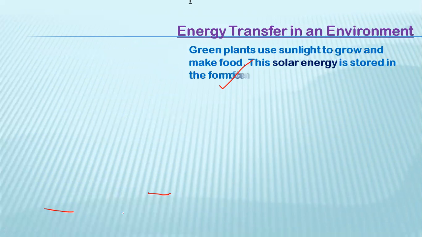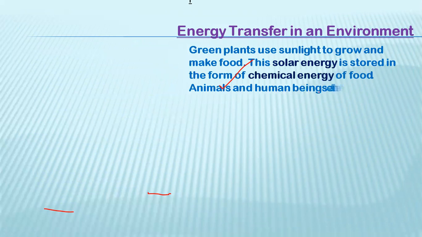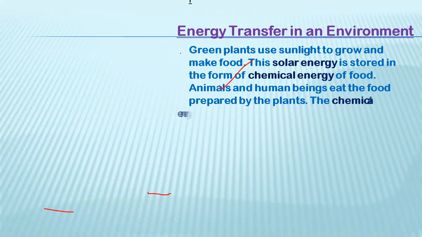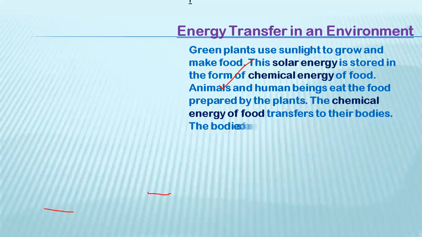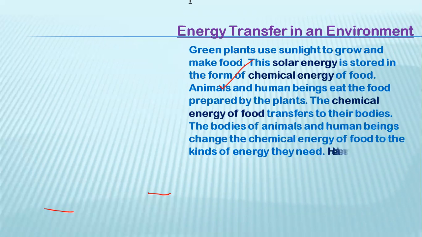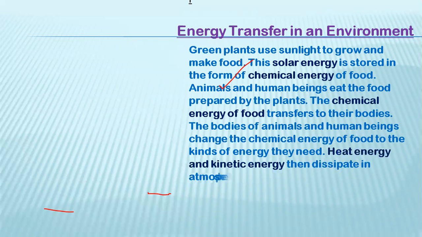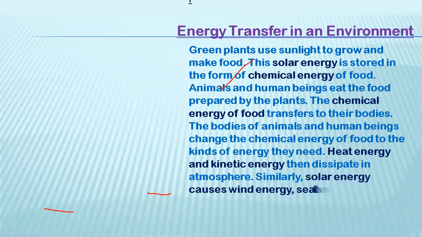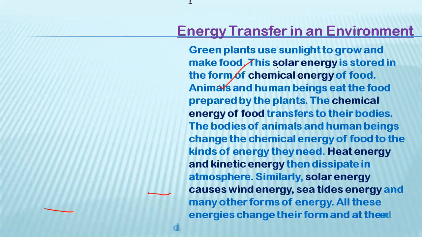Now we will see energy transfer in an environment. The first and foremost producers of energy are green plants. Green plants are said to be producers, and they use sunlight to grow and make food. For the plants, the ultimate source is what? Solar energy.